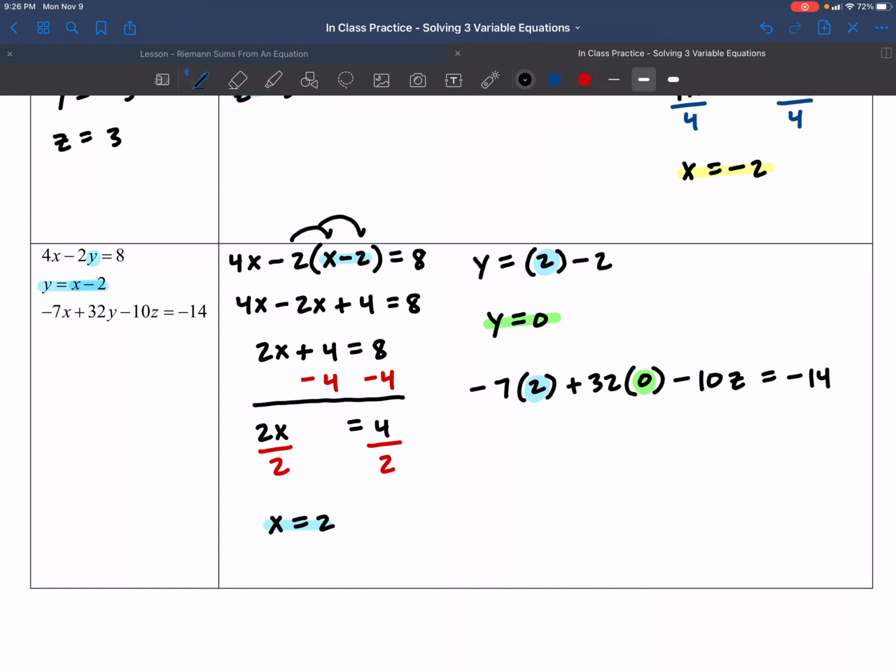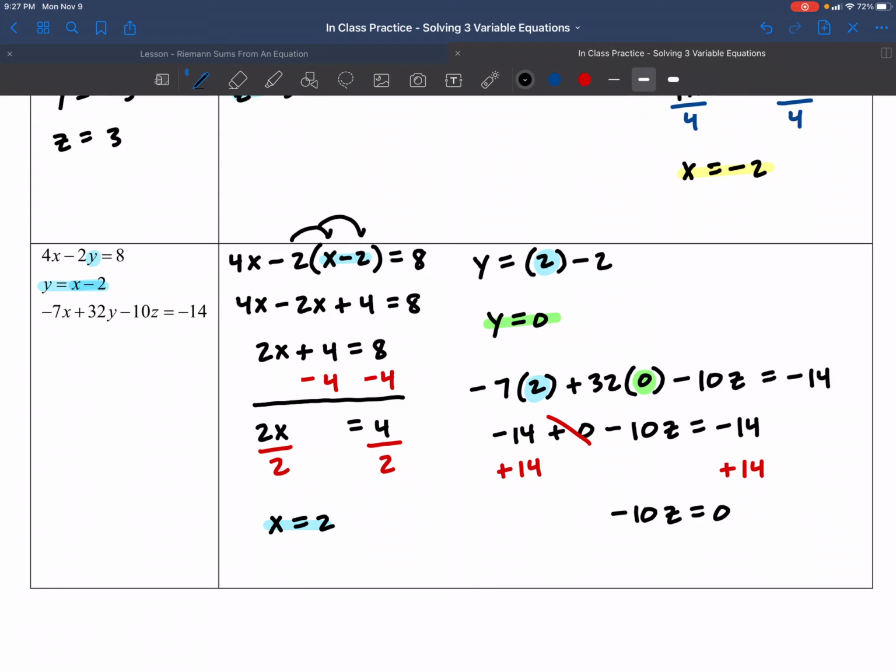Negative 7 times 2 is negative 14, plus 0 minus 10z is equal to negative 14. That 0 is not there. I'm going to add 14 to both sides, and that means I am left with negative 10z is equal to 0.